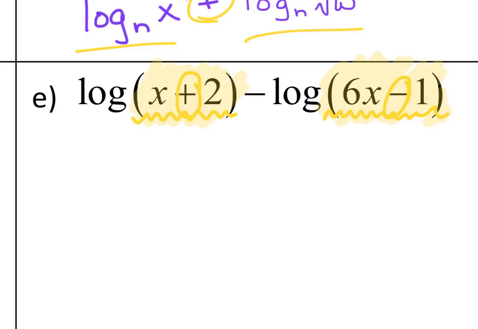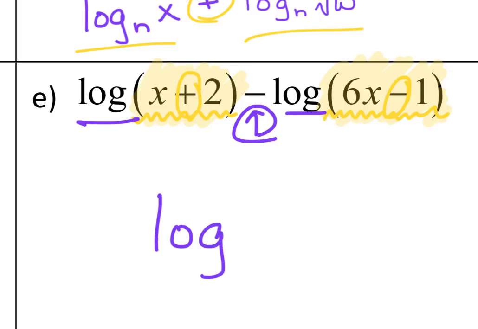And so we're going to look at the subtraction overall, log minus log, which means that my answer is going to be a division problem. It's log base 10, or the common logarithm, because there's no written base, so I don't have to write a base. And I've got log of x plus 2 over 6x minus 1.